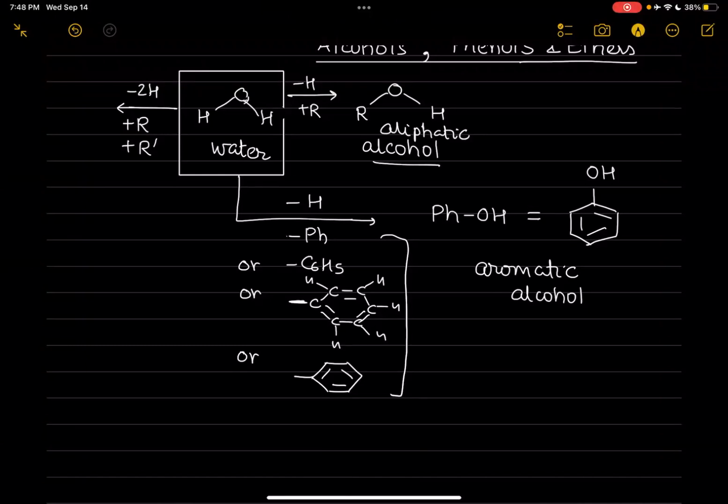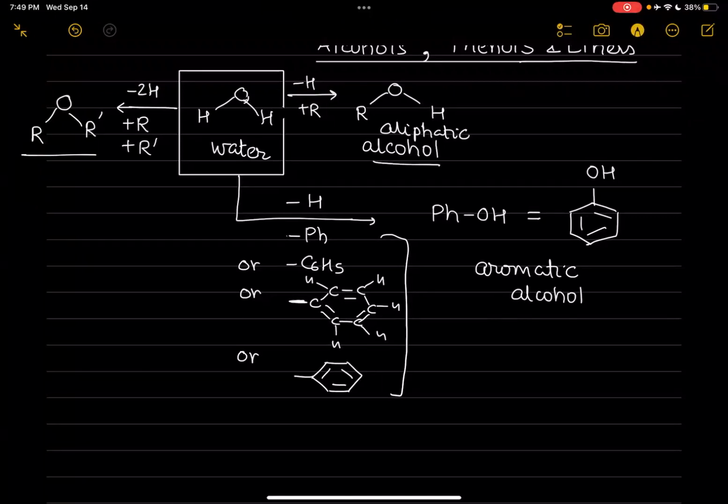What formula will we get? Which functional group is this? This is ether.